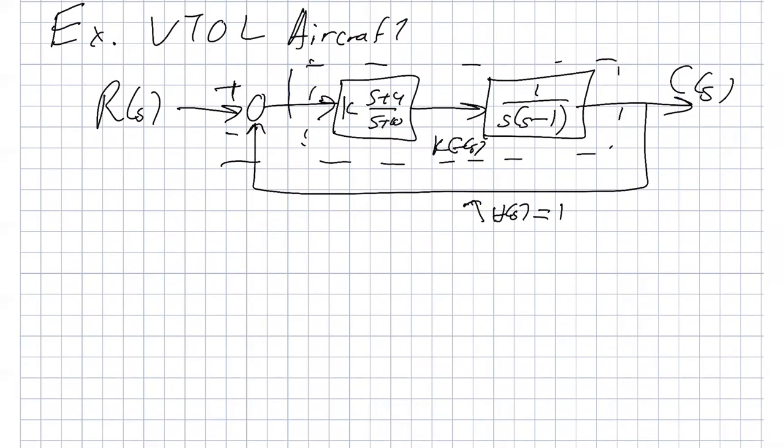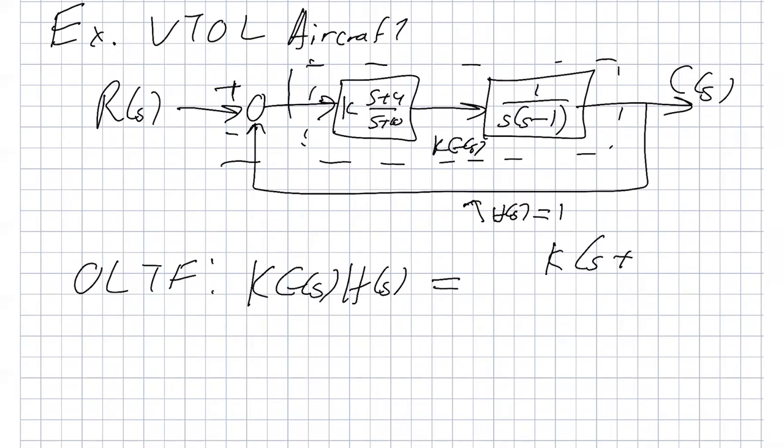So our open loop transfer function, K G of s H of s, is equal to K times (s plus 4) over s times (s minus 1) times (s plus 10).